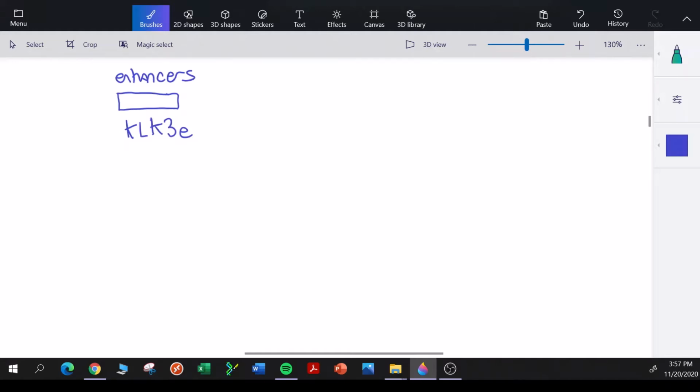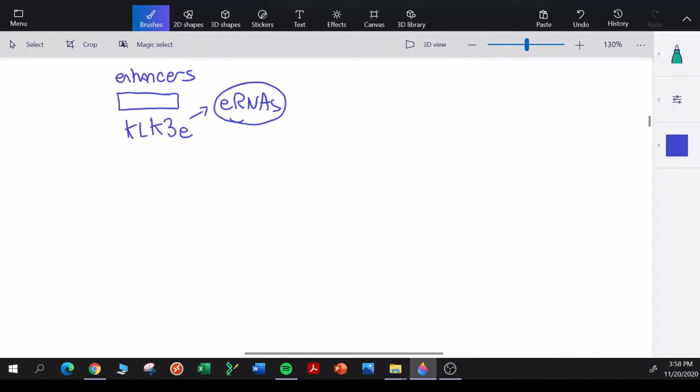And what we saw was that the KLK3 enhancer is transcribed by RNA polymerase II to make enhancer RNAs, and these enhancer RNAs are required for the function of the enhancer.